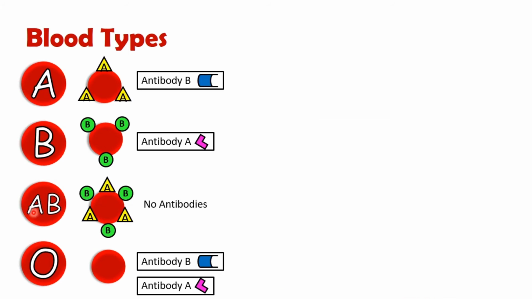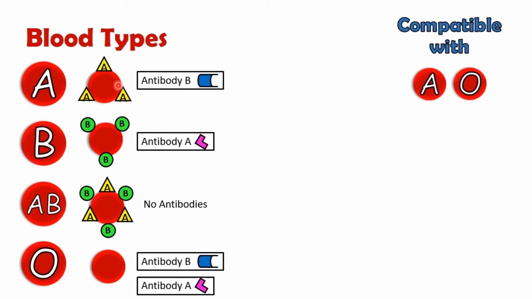So we are going to look at what kind of blood types are compatible with the other blood types. For blood type A, it has the antigen A, and of course it will have the antibody B, right? Because the antigen A and the antibody B must be opposite.